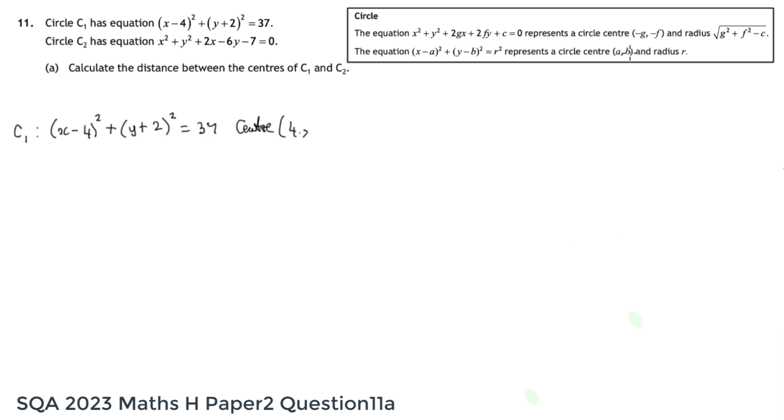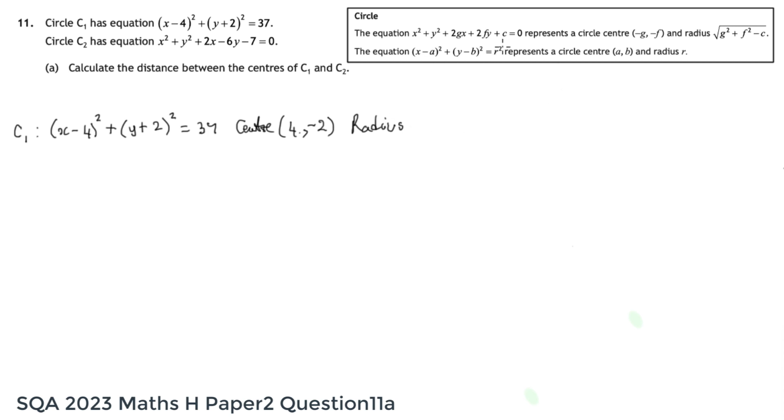Similarly, the y coordinate of the centre is got from the y term that you're squaring, the constant term, change the sign. The constant term is 2, change the sign, -2. So there's the centre of circle 1. Now let's, at the same time, have a look at its radius.